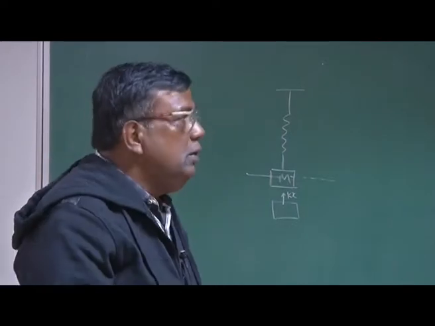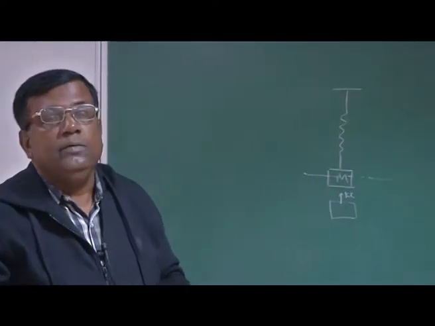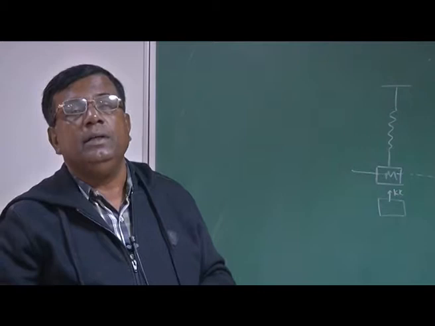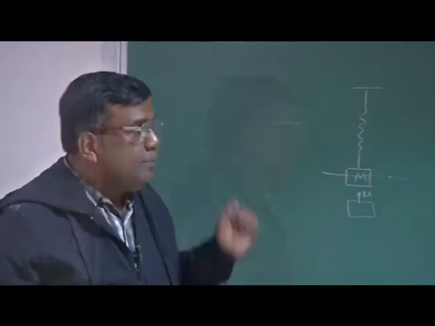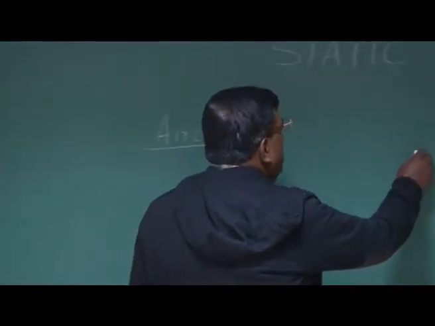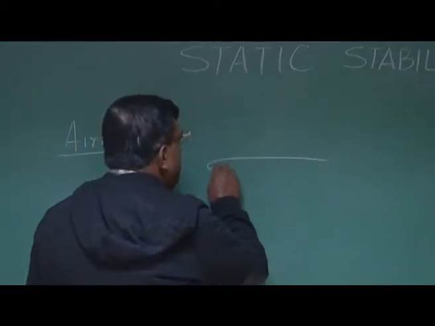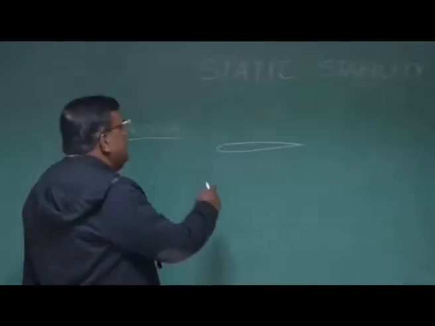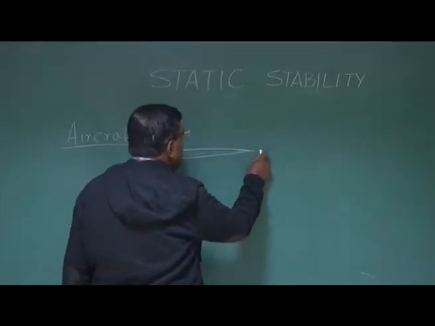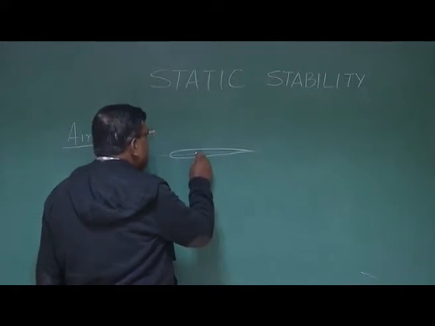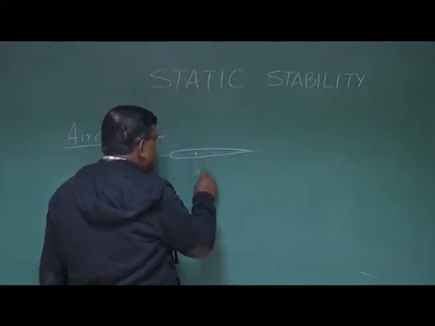Now we will try to understand where it will generate a restoring moment, almost analogous to a spring. Okay, let us see. We are all aware of the aerofoil. For simplicity, let's assume that this is a symmetric aerofoil, and we also know there is a point called the Aerodynamic Center.